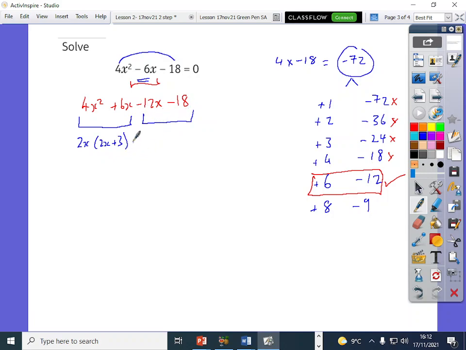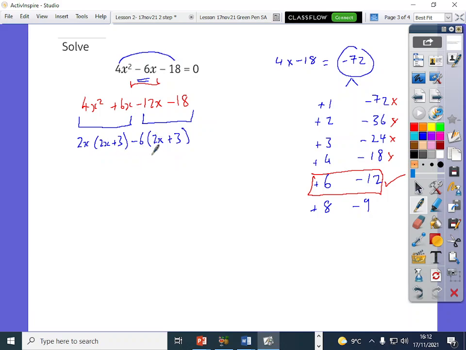Now these are both negative, so I'm going to take a negative, and the biggest factor here is 6, so I'm going to take a negative 6 out. So minus 6 times 2x is going to give me minus 12x, and minus 6 times positive 3 is going to give me minus 18.